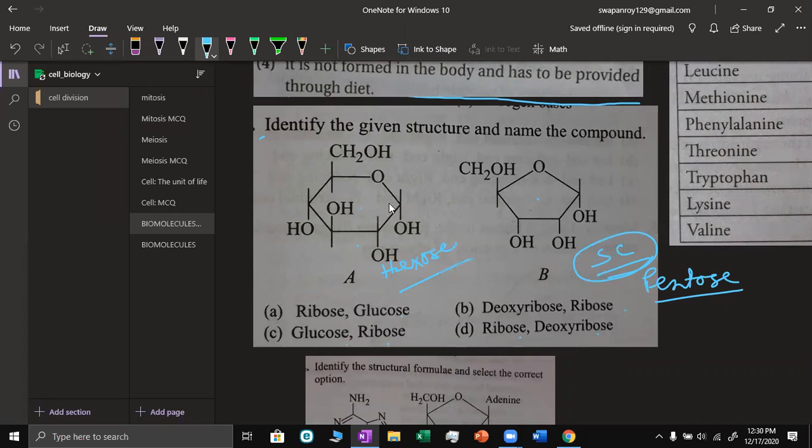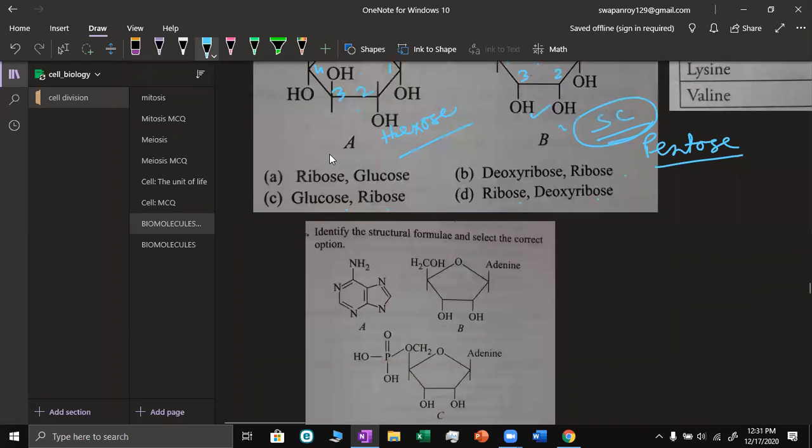It has carbons 1, 2, 3, 4, 5, and this is the sixth. And here it is 1, 2, 3, 4, and 5. This is the pentose ribose, and this one is glucose.